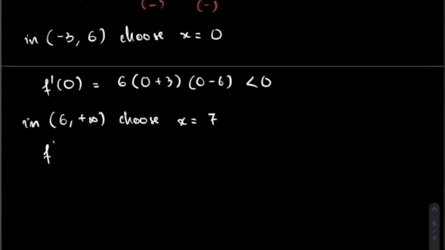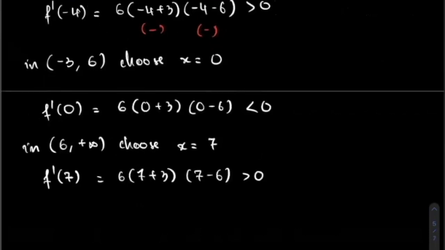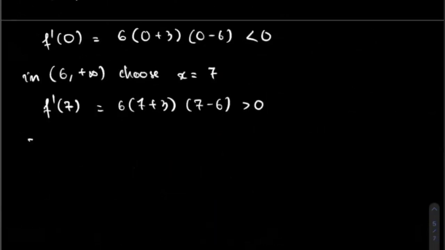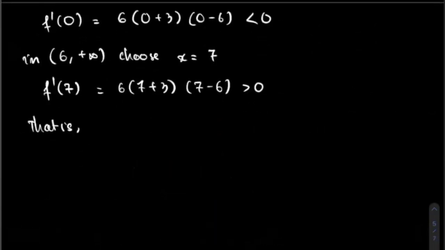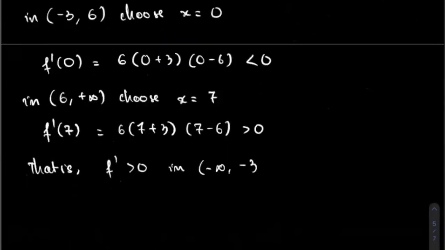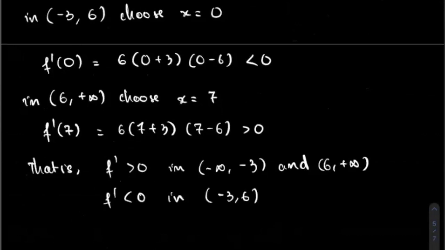So f prime of 7 is equal to 6 times 7 plus 3 times 7 minus 6, greater than 0. So this should give me positive. That is, f prime is positive in the interval of -infinity to -3, and from 6 to positive infinity. And f prime is less than 0 in the interval between -3 and 6.